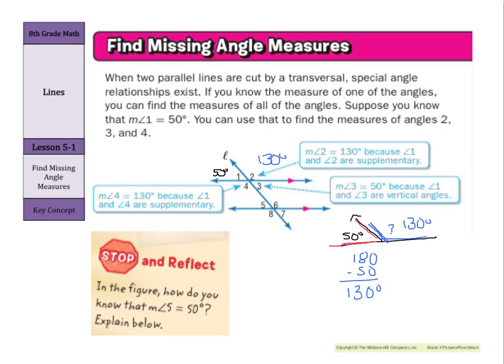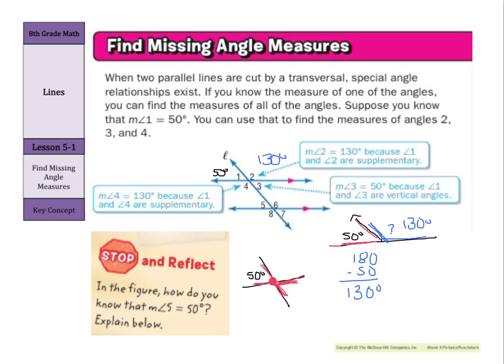Now, another relationship here are vertical angles. If this is 50 degrees here, vertical angles are angles that have a common vertex, so they share that center point that I'm going over there. They're on opposite sides.